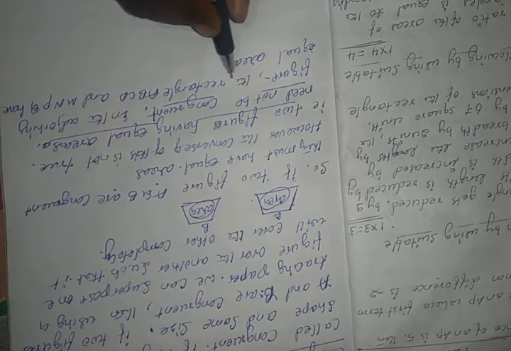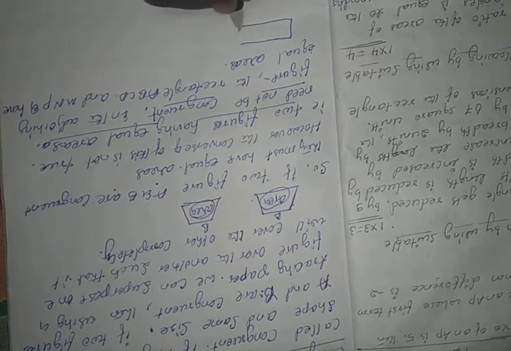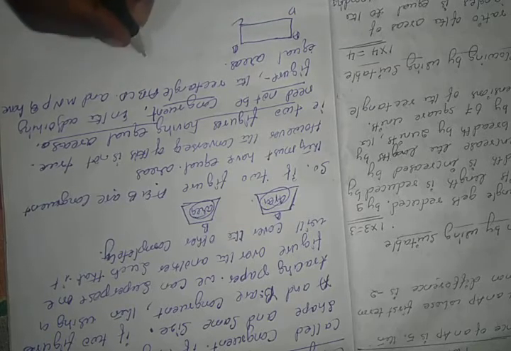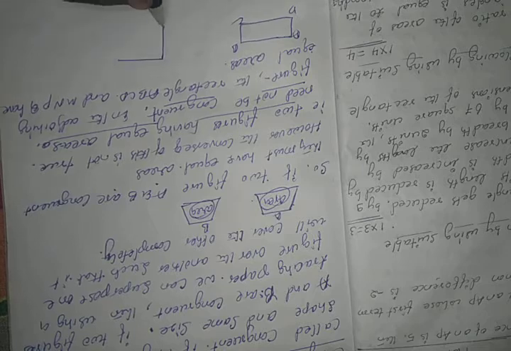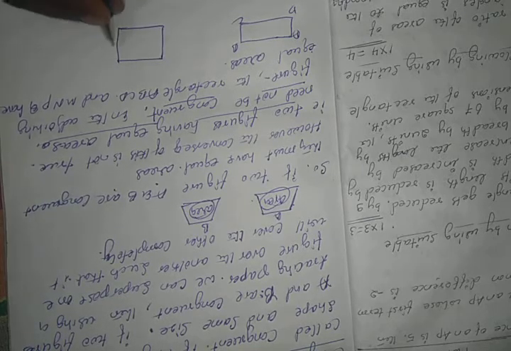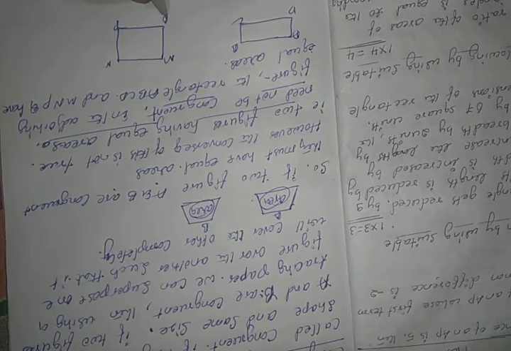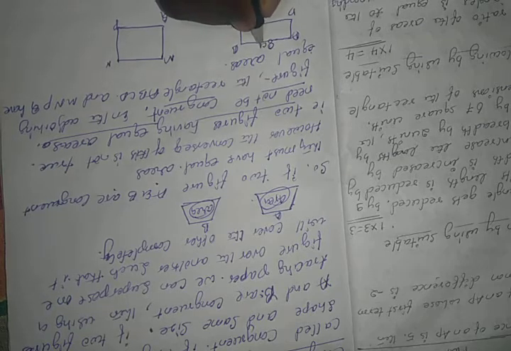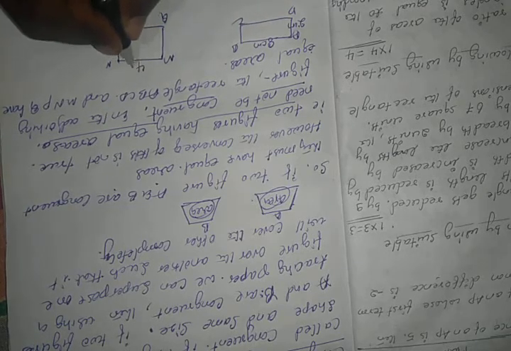Let us see what the rectangle is. A rectangle means all angles are equal to 90 degrees. Here, the length is 8 centimeter and the breadth is 2 centimeter, and this other side is 4 centimeter.